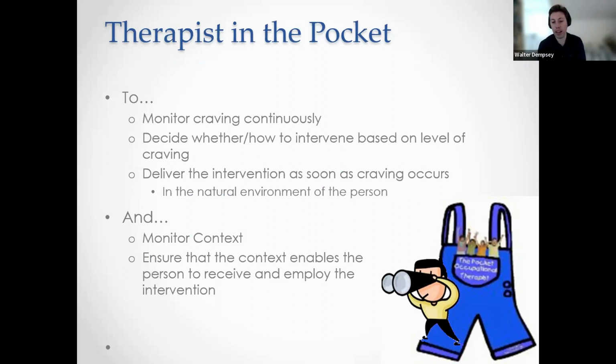Maybe you wouldn't want them exactly in your pocket, but you'd want someone in your pocket who is going to monitor craving continuously and decide whether and how to intervene based on the level of craving and deliver the intervention as soon as craving occurs in your natural environment. So in this context, you would have a behavioral scientist or therapist sitting in your pocket, popping out, monitoring craving, and monitoring you to decide what's the best intervention option we can deploy in that moment.